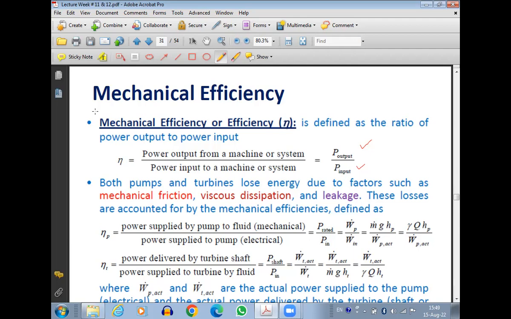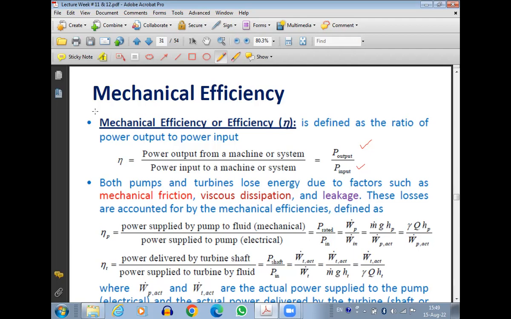Okay, so let's talk about the pump. If you have a pump at home, the pump is not going to work unless you connect it to electricity. So what is the input that you are providing to the pump? It is basically the electrical power, which will eventually be converted into mechanical power. So that's the power input. But once the pump starts working, it's going to increase the fluid power.